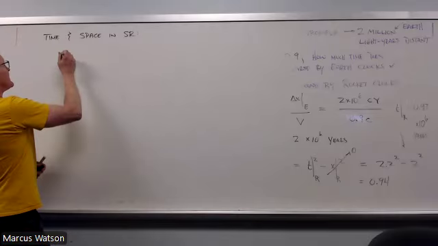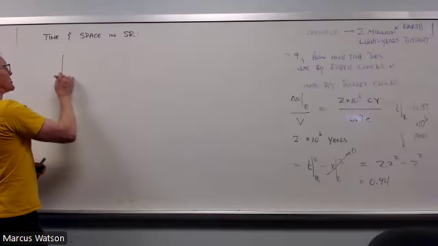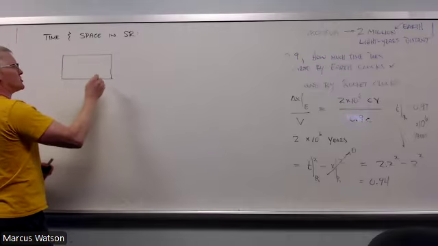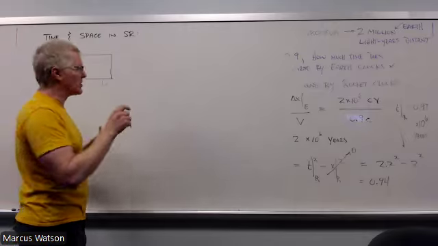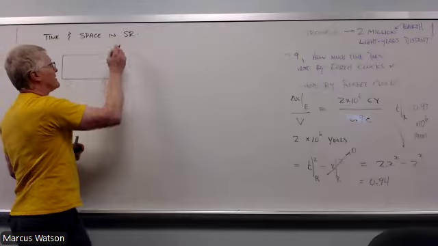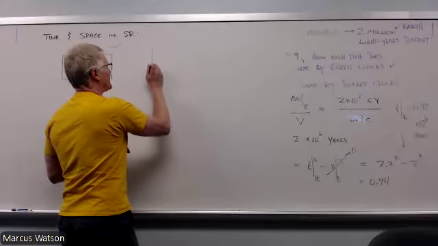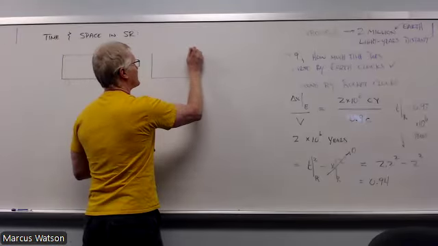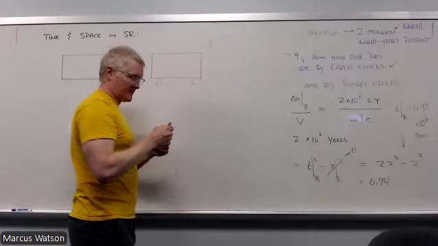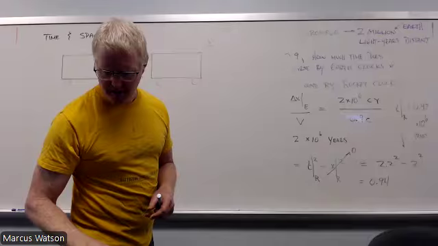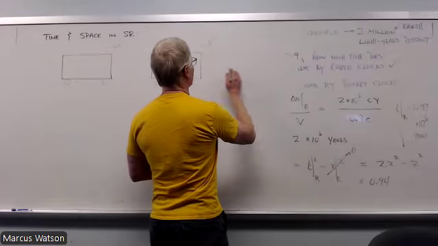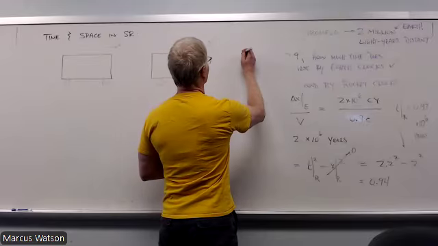Let's imagine then that we have a train car. I'm going to draw a couple of versions of this train car. Let's suppose it's traveling left to right at some speed v. At some time later, it's here. And at some time later, it's here.